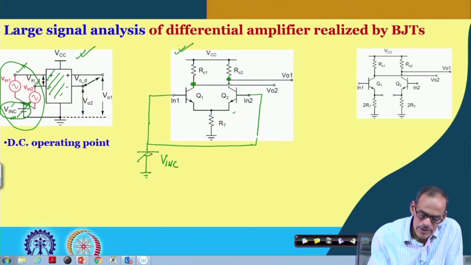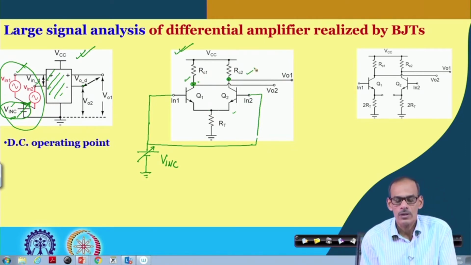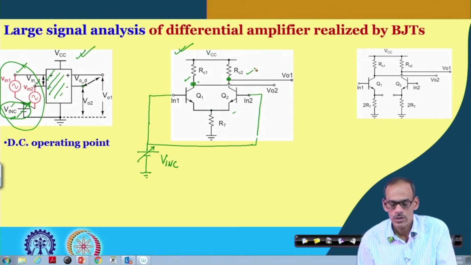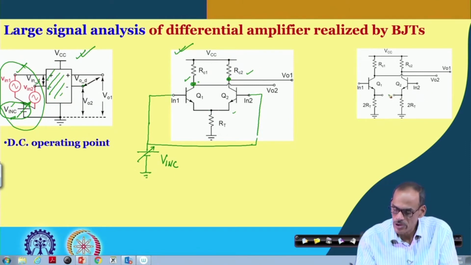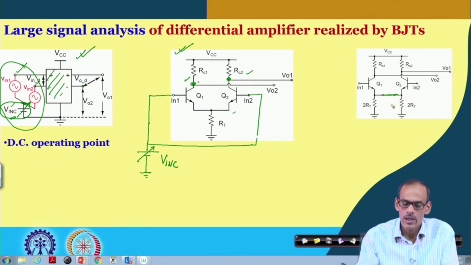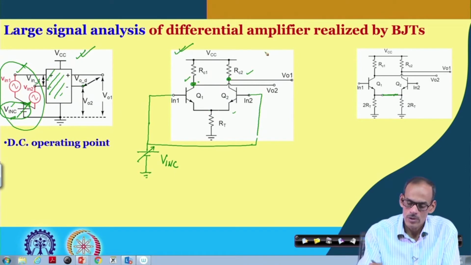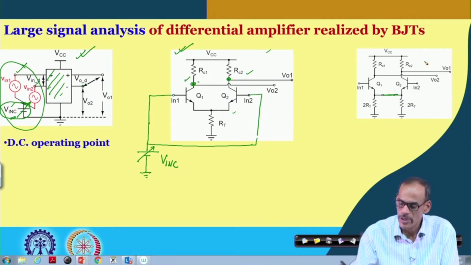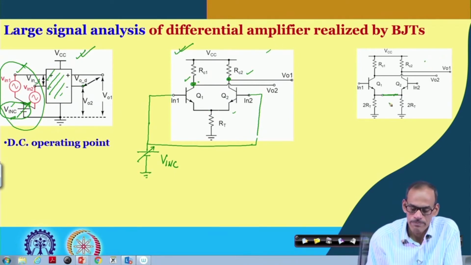We can vary this voltage and see what happens to the DC voltage here as well as here. So, we do not require this kind of split. We are considering this connected, and hence our subsequent discussion will be with this circuit. We may not be going back to the split one.